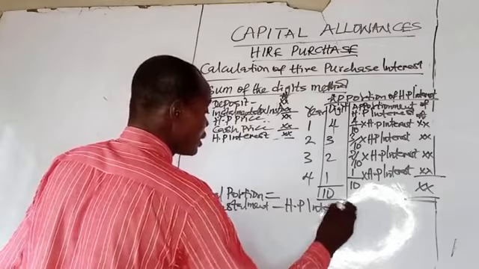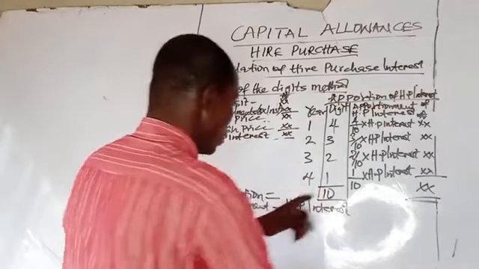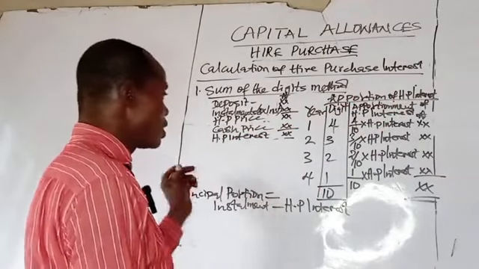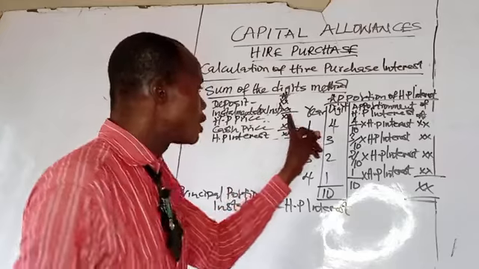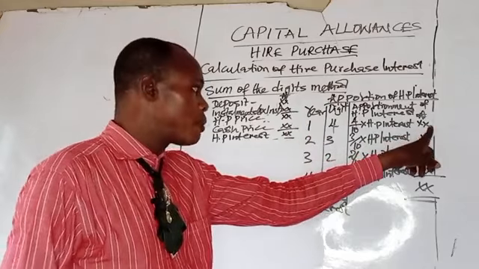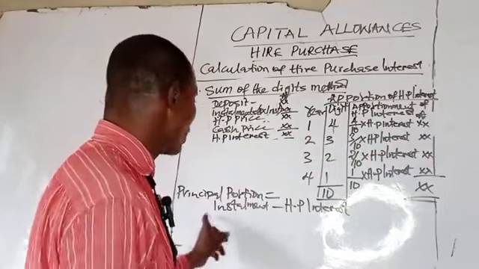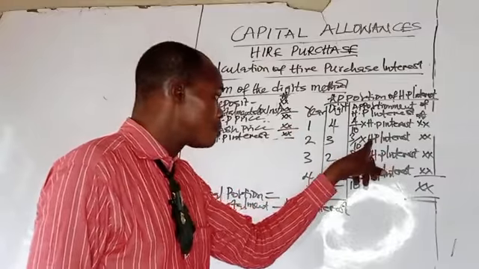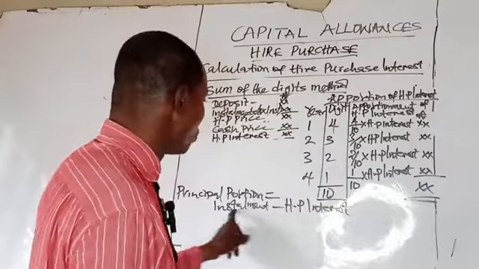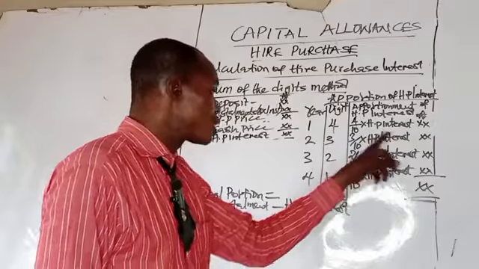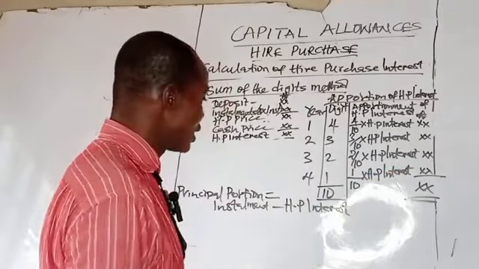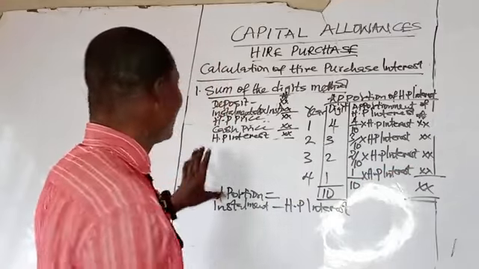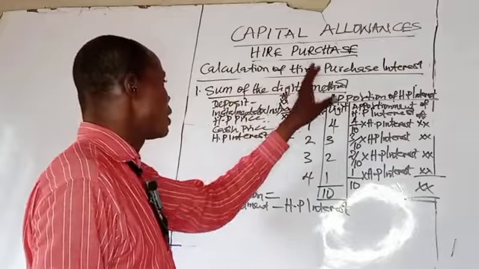That is the higher purchase interest you've apportioned. Then you subtract it from each of the installments. That means for year 1, you take year 1 installment minus the higher purchase interest for year 1. For year 2, you take year 2 installment minus higher purchase interest for year 2. In year 3, you take the year 3 installment minus interest for year 3. Same for year 4. That is the sum of the digits method.